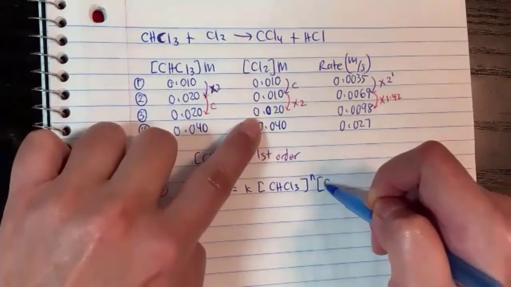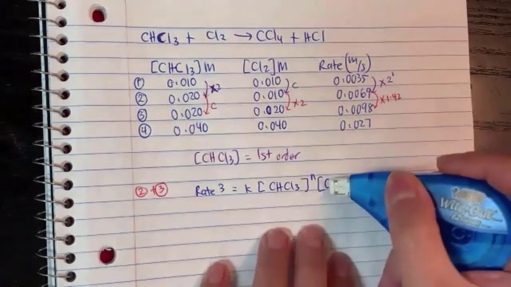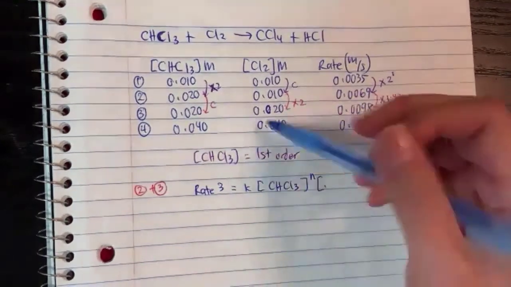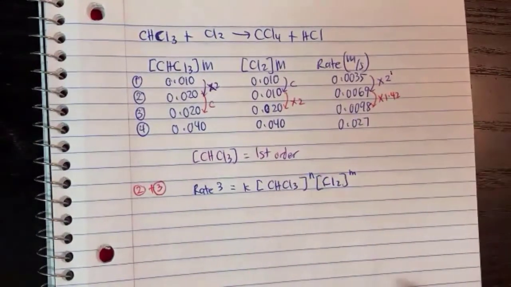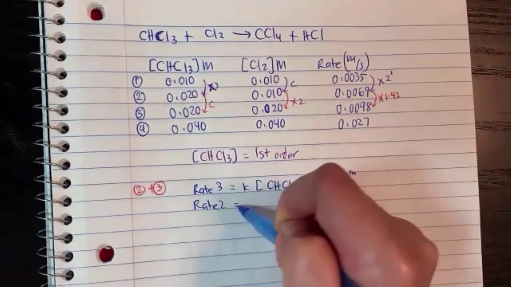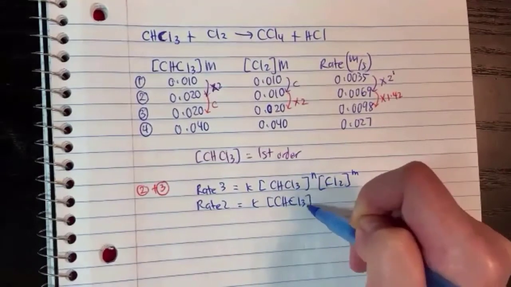The second one is, oh, I'm not writing numbers yet. Hold on. Erase. Cl2 to the m. Okay. And then rate 2, same thing. Okay, and then you put the items in there.